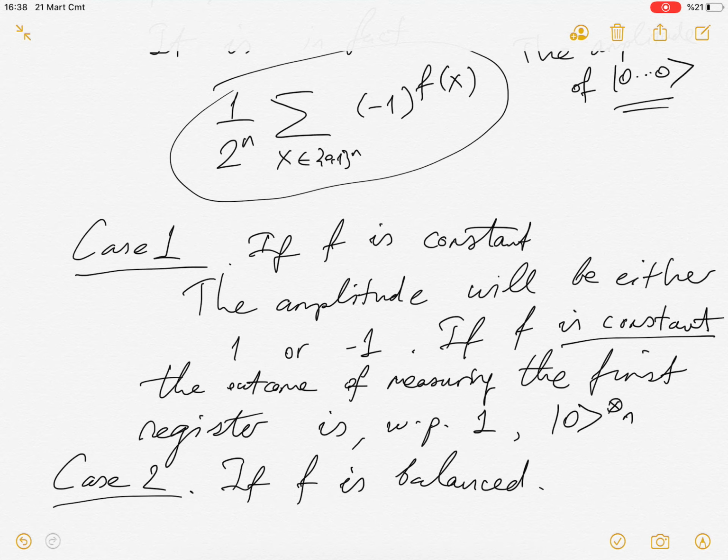So for one half, the total amplitude will be 1, and for the other half, it will be minus 1, and the summation of all together will be just 0.